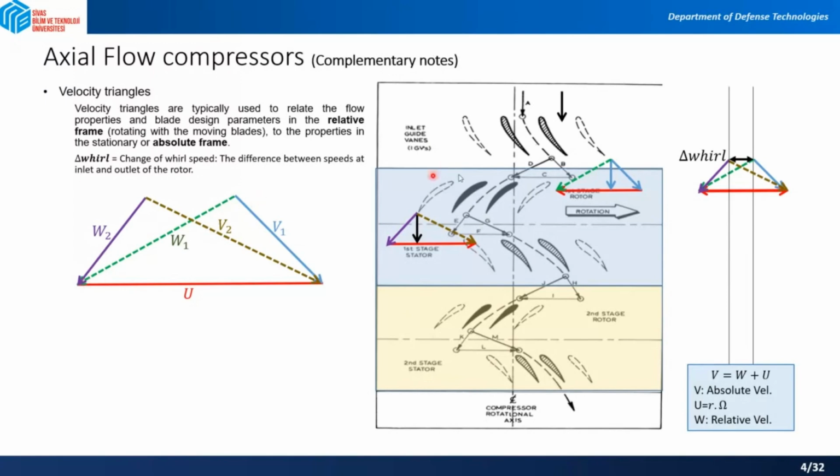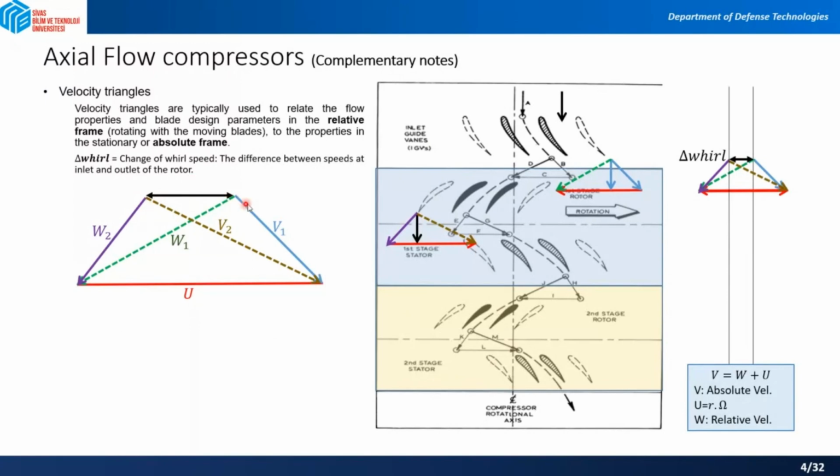And this is what your rotor blades are seeing from the air actually. And then while it leaves the rotor, we said that it leaves with this relative velocity. And because we are staying on the rotor, and we are seeing the rotation, we have this peripheral velocity. So your absolute velocity will be this V2. And we said that this is the delta whirl, or change of whirl speed.